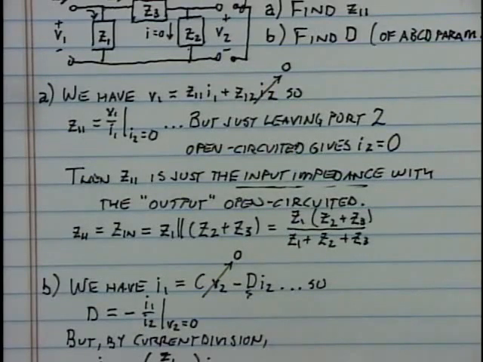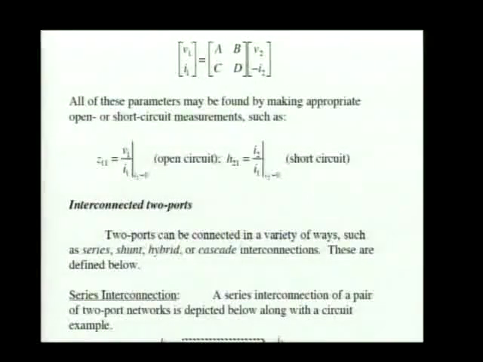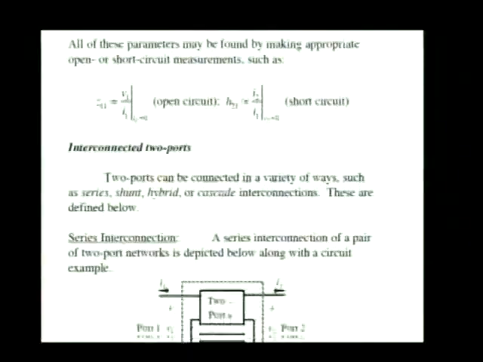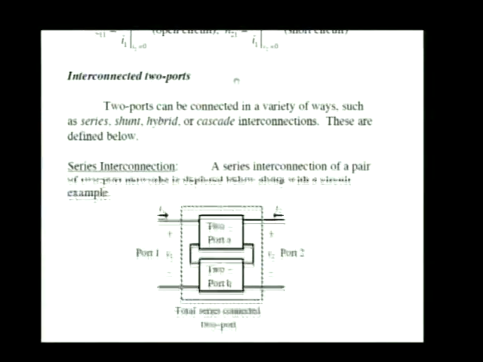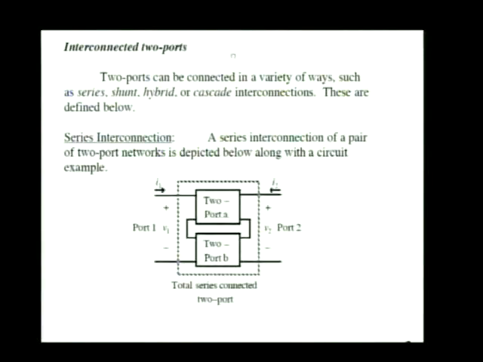All right, let's turn back to the class notes now, and take a look at what you do with the parameter sets to come up with the parameters for interconnected two ports.